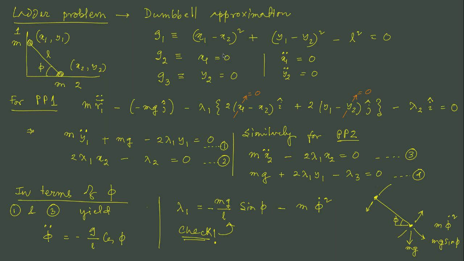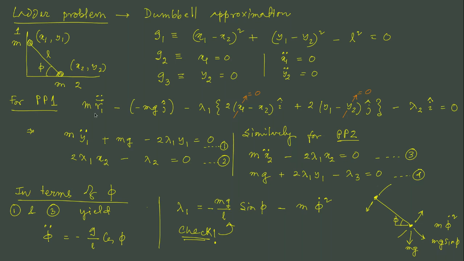The second constraint is x1 equal to 0. That means the first mass is moving along the wall, vertically down. The third constraint, G3, is equivalent to y2 equal to 0, which means the second mass is not lifting from the ground, it is basically following this line.